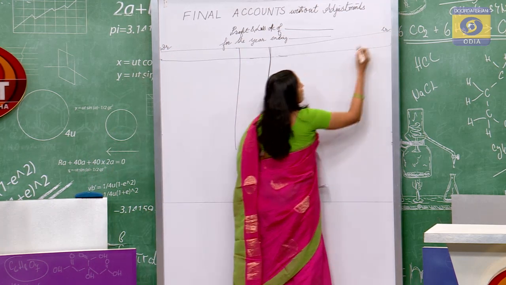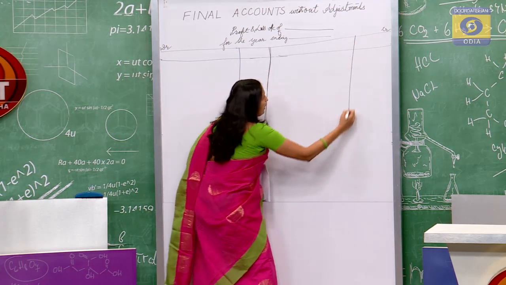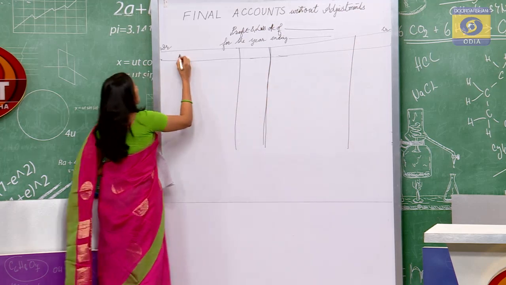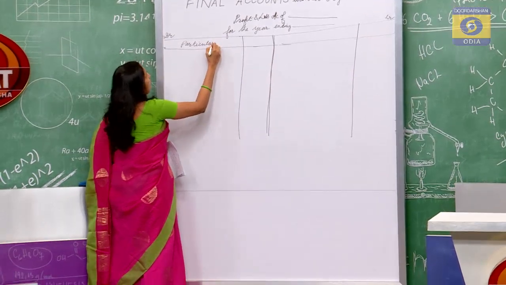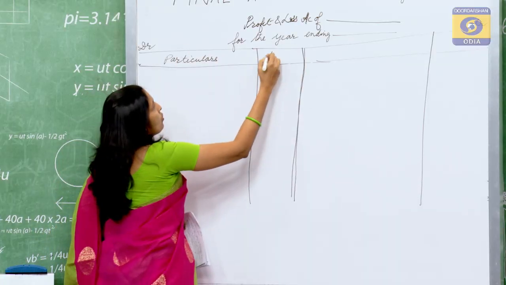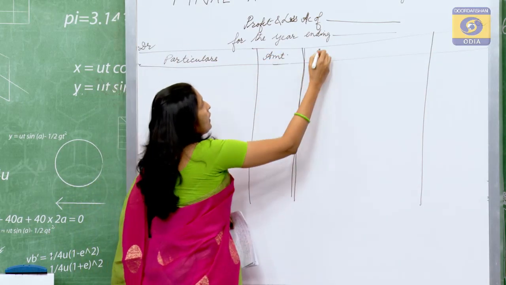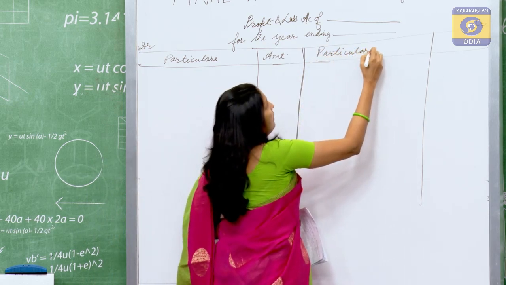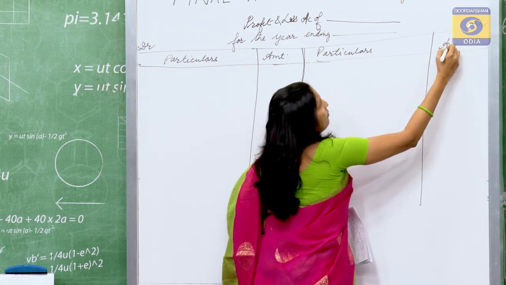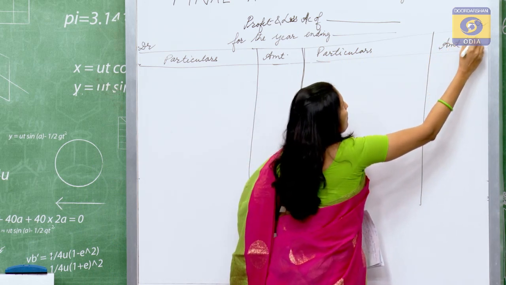The first column is the particulars column, then the amount column, next the particulars column and again the amount column in terms of rupees.